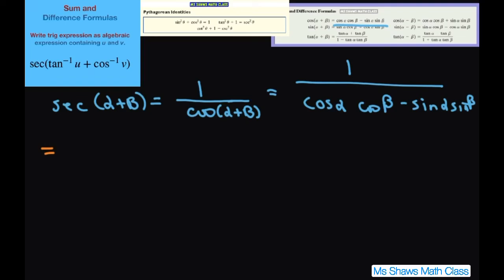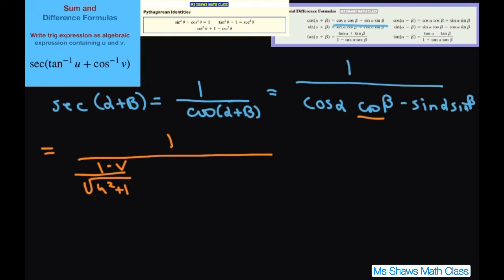So this equals 1 divided by cosine of alpha, which was 1 divided by square root of u squared plus 1. Cosine of beta was v. So I'm just going to multiply this by v.